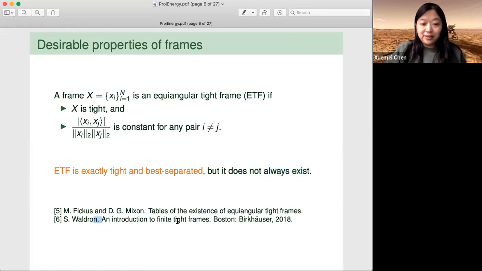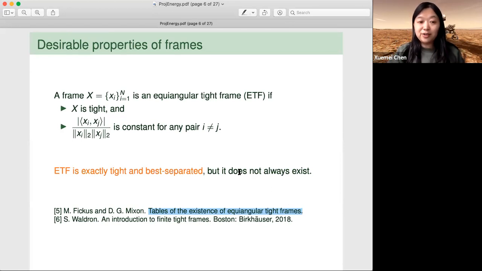Here's the book that I find myself using frequently. But I was saying that it's not easy at all to find an ETF. There's a lot of literature on that. I'll just point you to this one, which is supposedly a living, existing table of equiangular tight frames. And there are good references inside that paper.